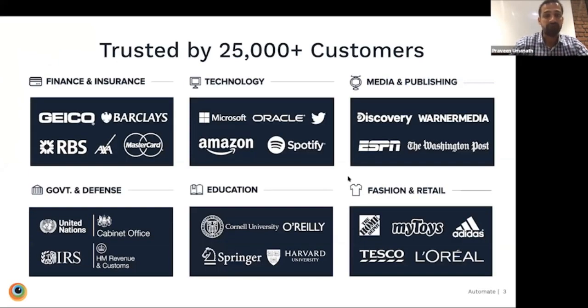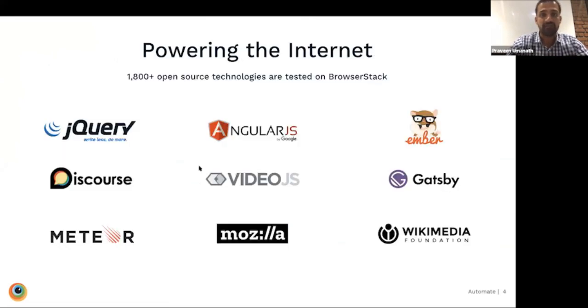Our customers include the leading players from all the different verticals that you can think of: finance, technology, media, government, education, fashion, and retail. If you look at open source technologies, over 1,800 open source projects test their projects on the BrowserStack platform.